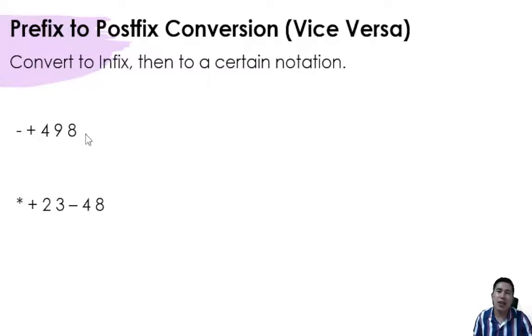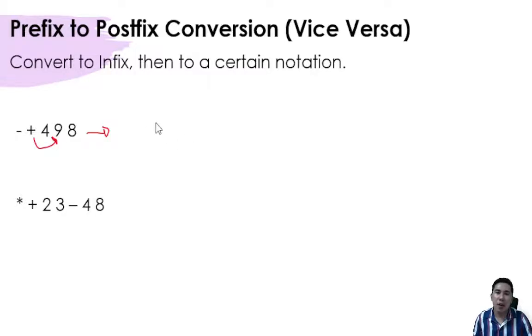You can actually convert directly into postfix, but it would be better if you convert it into infix first. For an instance, this one. Let's convert this into infix first before we convert it into postfix notation. So, prefix to postfix. The first step is to convert this into infix.